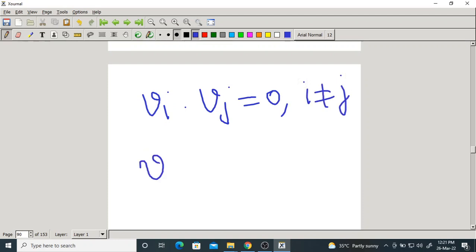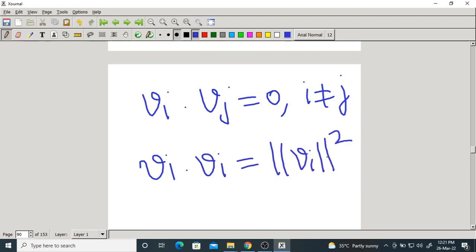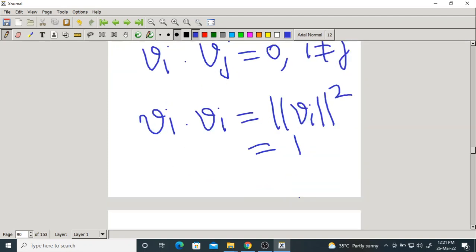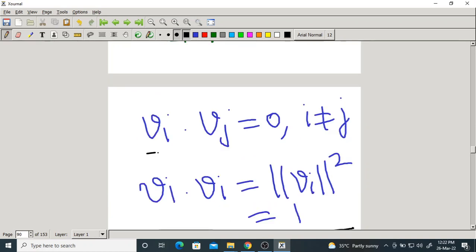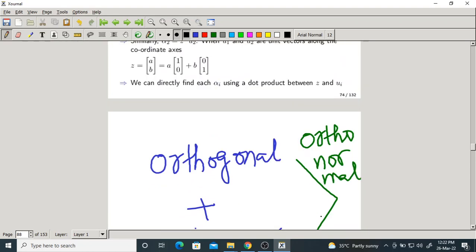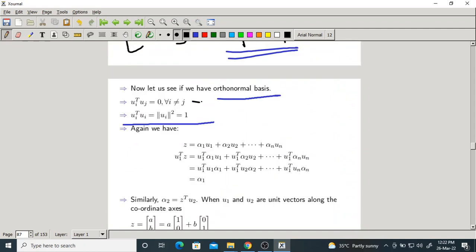If i equals j, Vi dot Vi, which means mod Vi squared, has to be 1. Correct? If these two are satisfied, they are orthonormal. So they are orthogonal and they have unit energy. If a set of vectors satisfies these two conditions, they are said to be orthonormal.